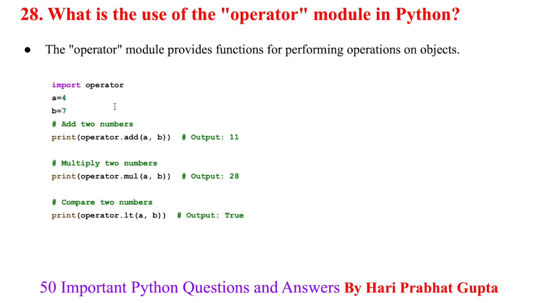So in this example, instead of writing a plus b to add two numbers, we can use operator.add(a, b). Similarly, we can use operator.mul(a, b) to multiply two numbers, and operator.lt(a, b) to compare whether a is less than b or not.